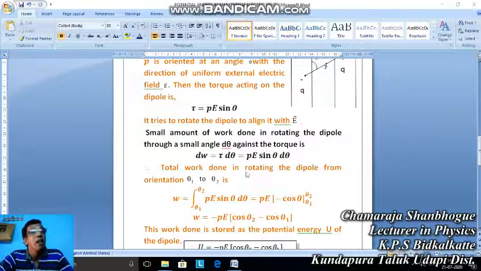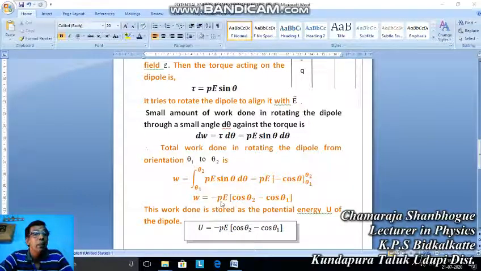To get the total work done in rotating the dipole from initial orientation theta 1 to final orientation theta 2 against the torque, W is equal to integral from theta 1 to theta 2 of tau d theta. The integration of sin theta is minus cos theta. Upper limit is theta 2, lower limit is theta 1. After substituting the limits, we get W is equal to minus PE into cos theta 2 minus cos theta 1.